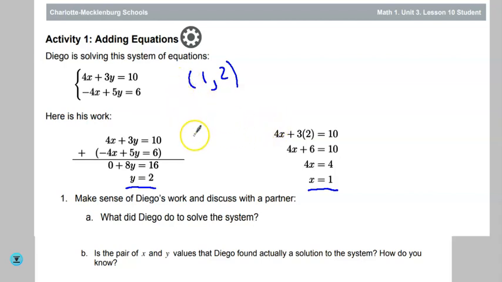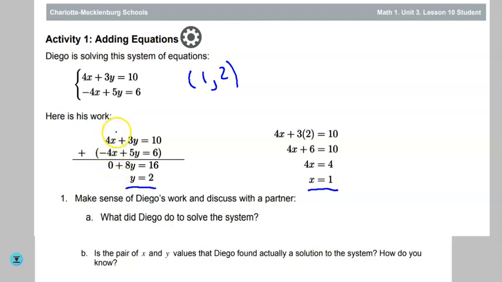So what Diego did was he took the two equations and he saw that there's a 4x and a negative 4x. So if he adds those together, it's going to eliminate those x's. When you have opposites, just like we did in the warm-up, 4x and negative 4x is 0x or just 0.